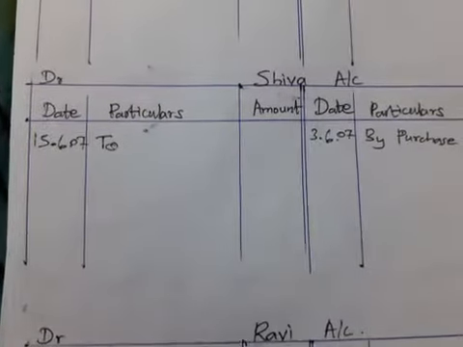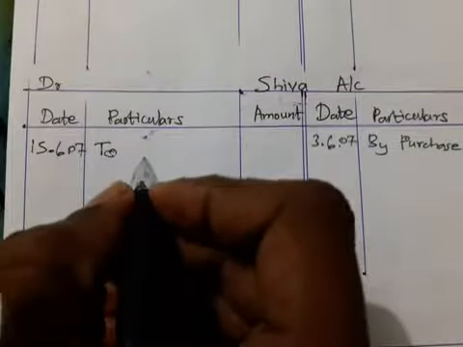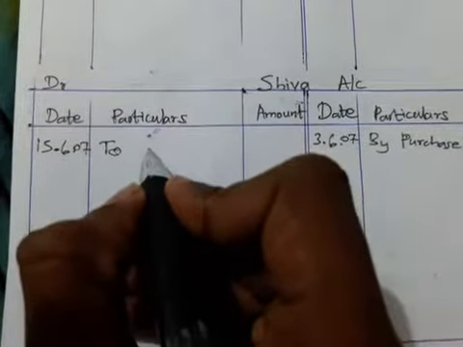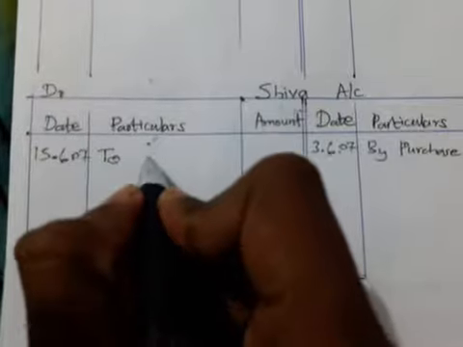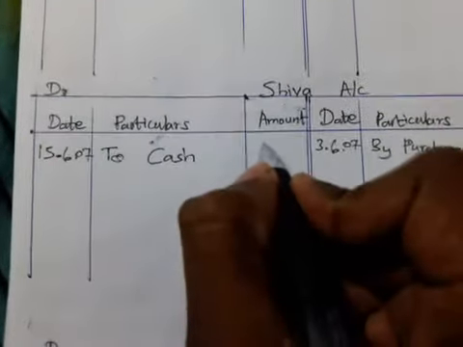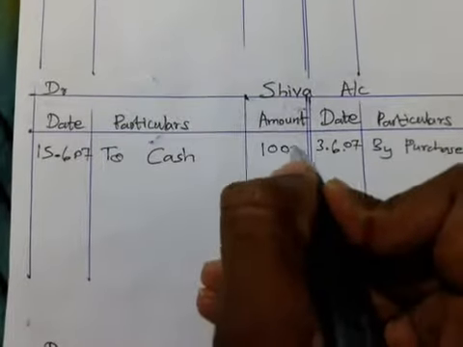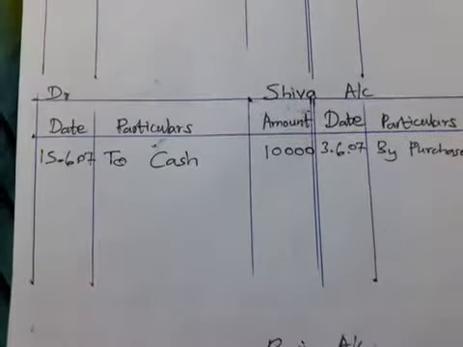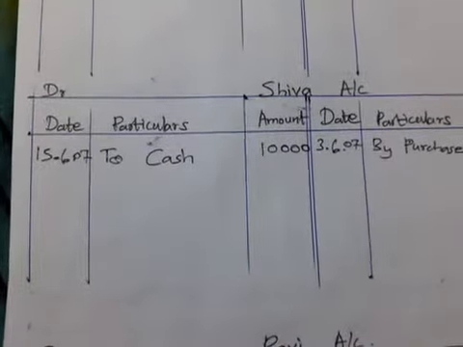So June 15th 2007, cash paid to Shiva, to cash account, 10,000. The opposite entry will come in cash account.